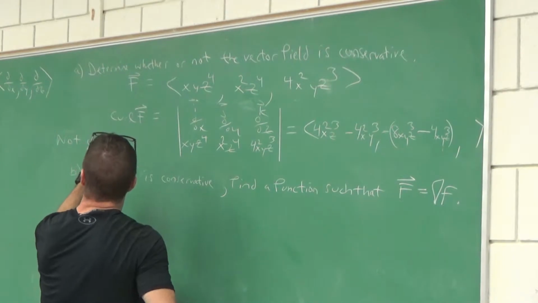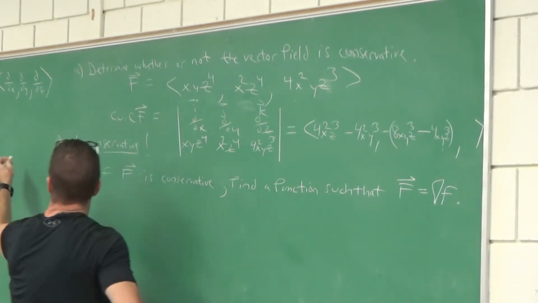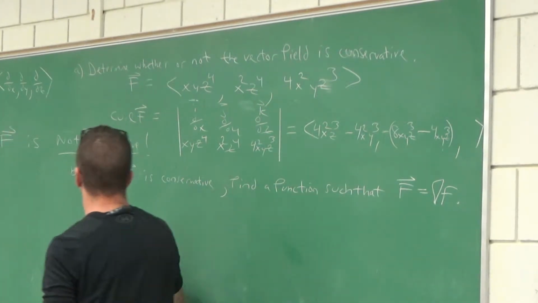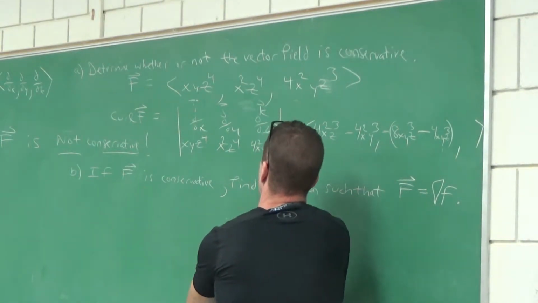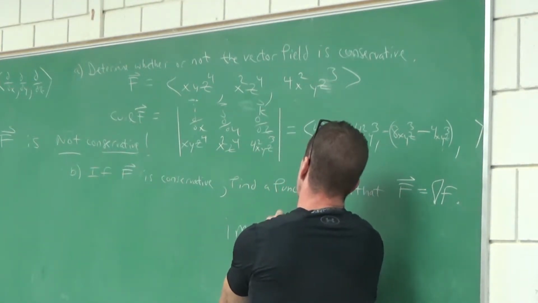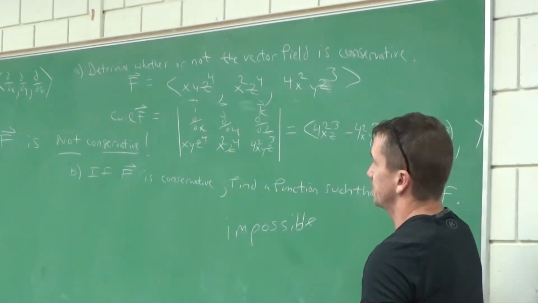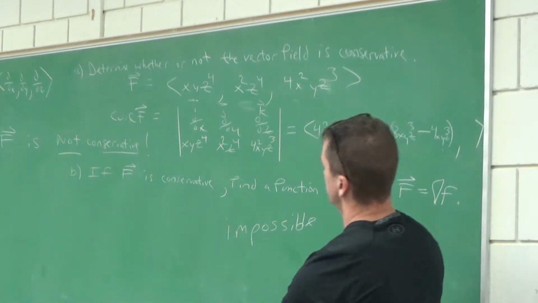Isn't that cool? F is not conservative, so we can't do B. That's impossible. You can't find a function such that F equals del f. F is not conservative. Great job. Hey, try another one.